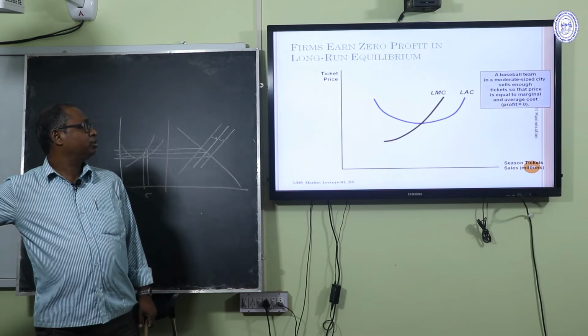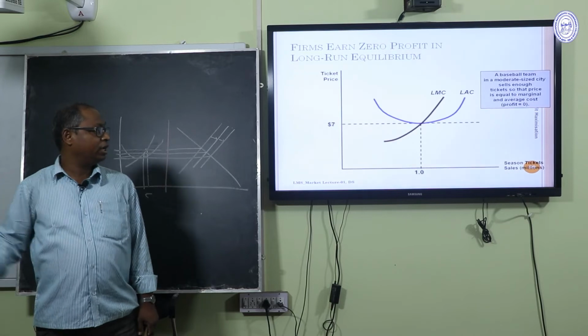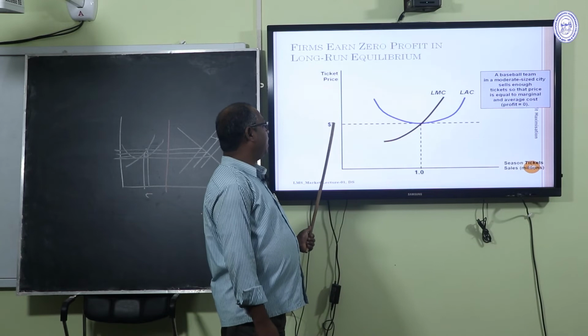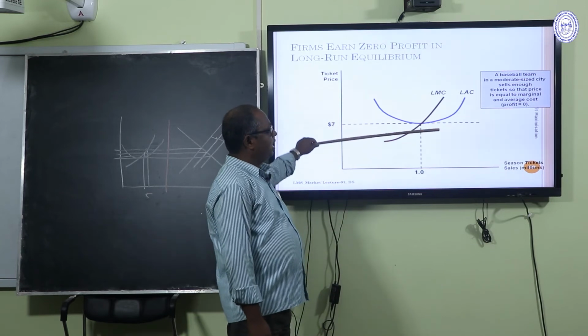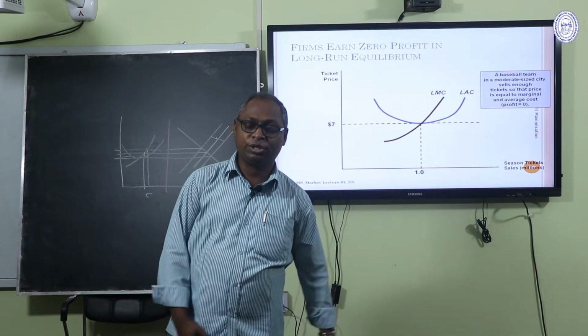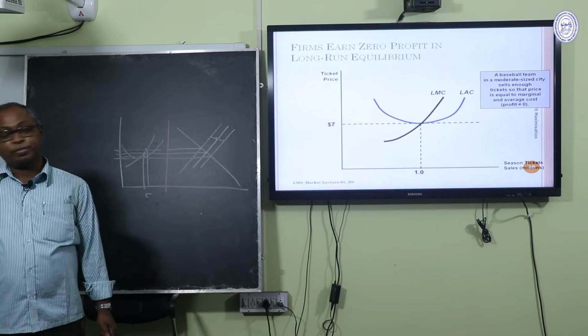So what is the zero profit situation? Zero profit situation is here. I have already explained. If the market price is at the minimum point of LAC, then this is a zero profit or normal profit situation.